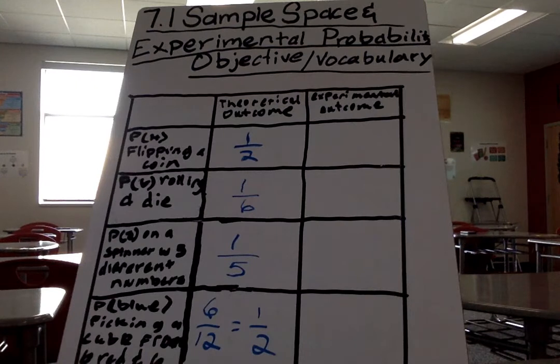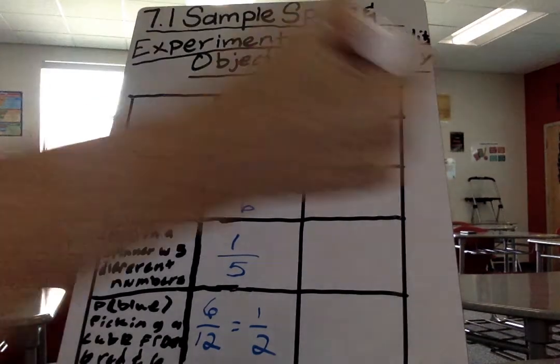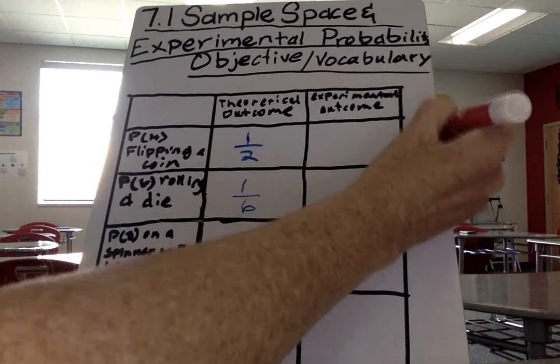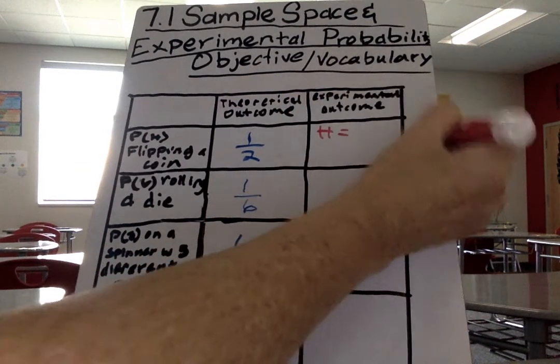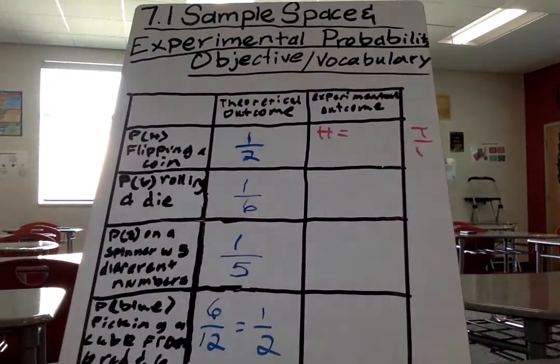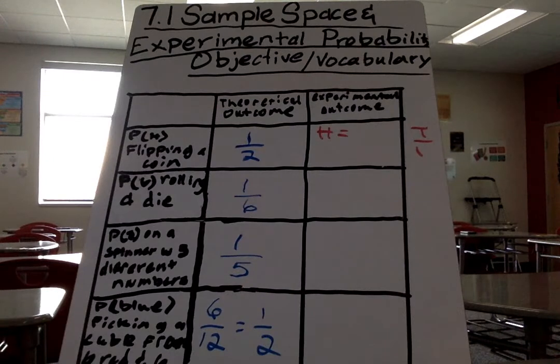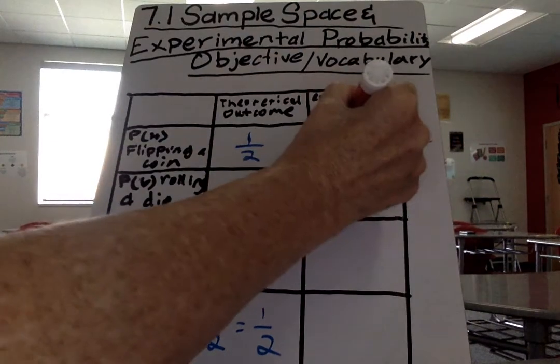So I can put tails is 1. So not heads. I'll put tails over here, and I'll put heads in here. So I've gotten 1 tail. So I flip it again. And it's heads. So I can say 1 heads.